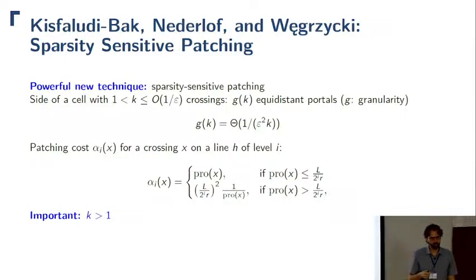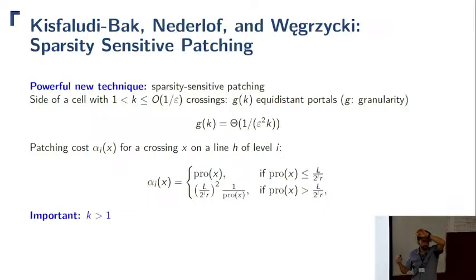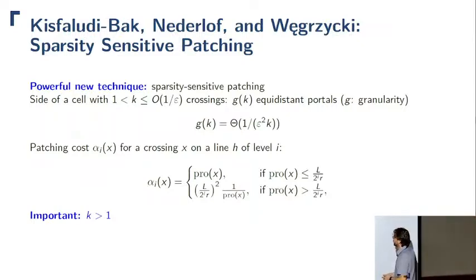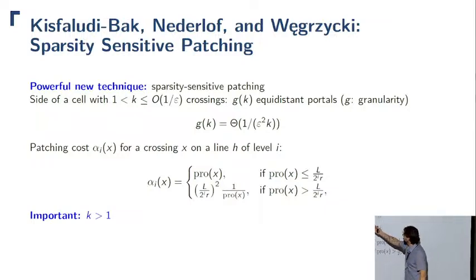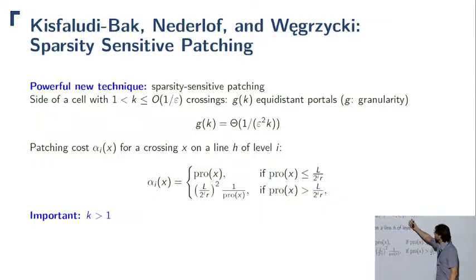And then we need relatively many portals if there are few crossings, because those crossings somewhat do not interact with each other well. So we cannot afford to take a long detour for those portals. And then the exact dependence is like this function here. k is the number of crossings of a side of some square, and then we have something like 1 over epsilon squared k.